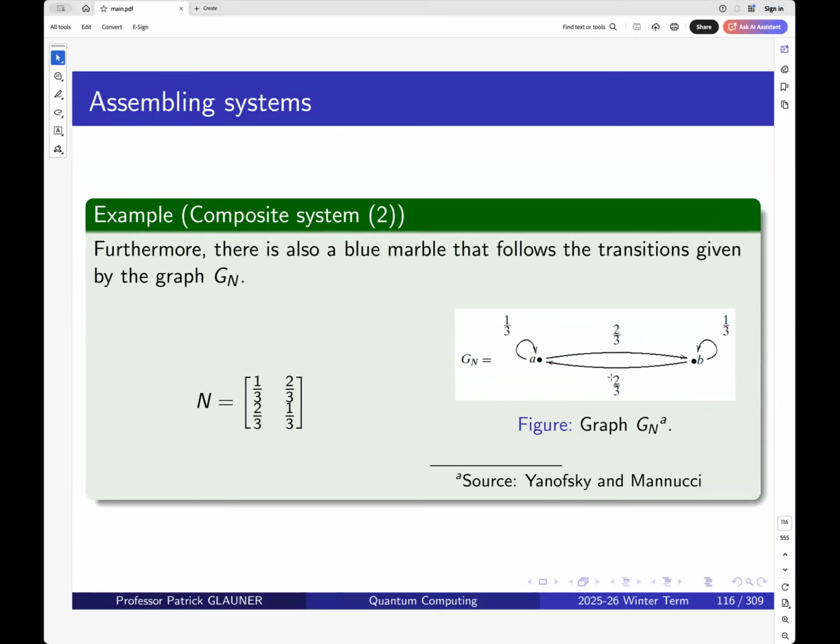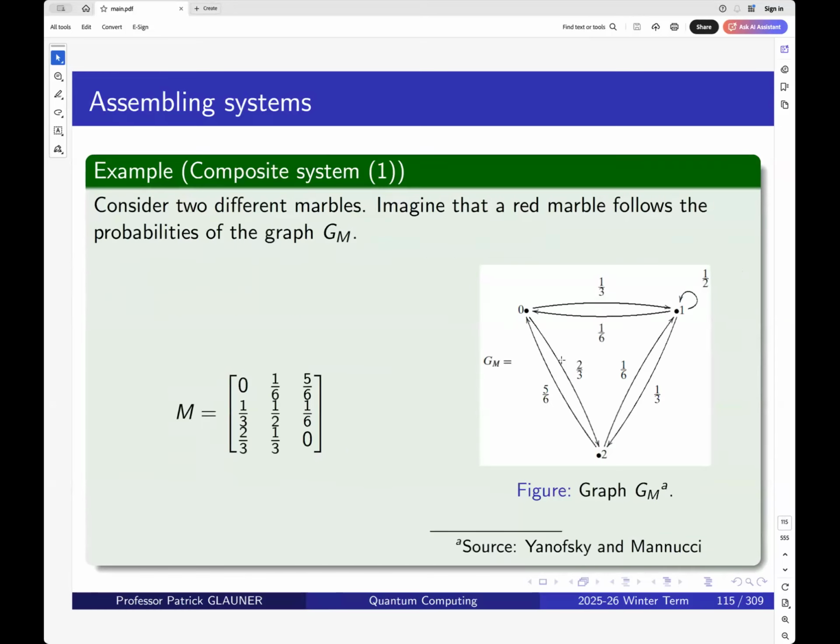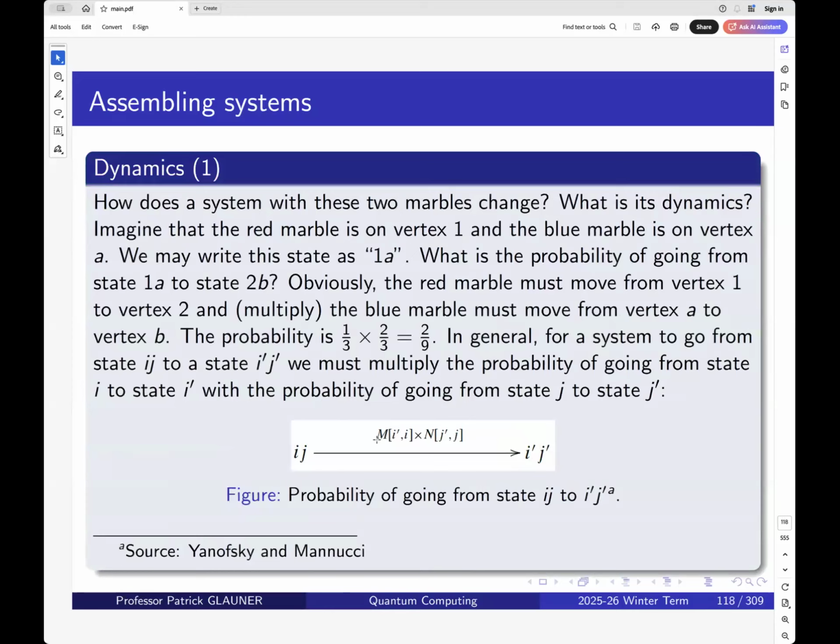I have a transition from B to A. So in order to get from 0A to 1A, I need to multiply the probability from 0 to 1 and from A to B. And I do this step by step. So this is written here just in a bit more formal, that I have, for example, the probability would be 1/3 times 2/3, which would be 2/9 for one specific example.